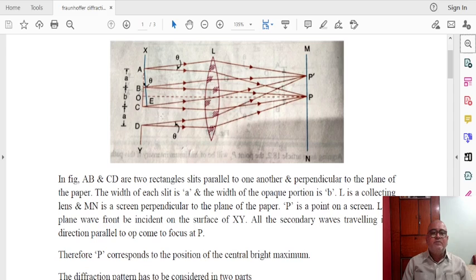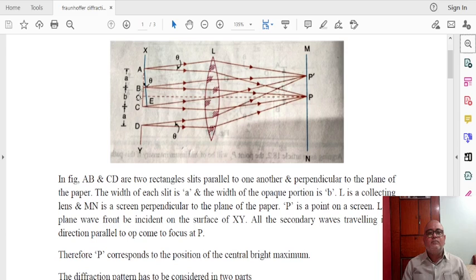The width of these slits is a here, and the width of the opaque portion is b. This is the opaque portion. In the last lecture we have already discussed the opaque portion.